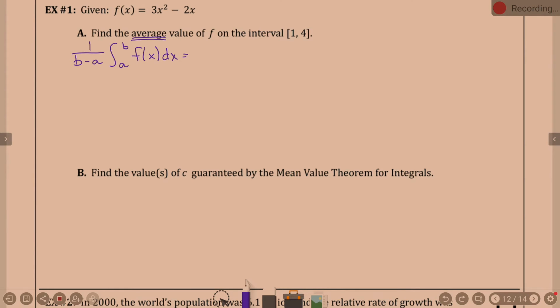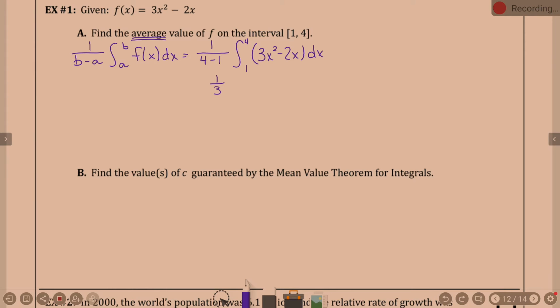In our case, it's 1 over 4 minus 1, larger minus smaller, times the integral from 1 to 4 of 3x squared minus 2x dx. Well, 1 over 4 minus 1 becomes 1 over 3.